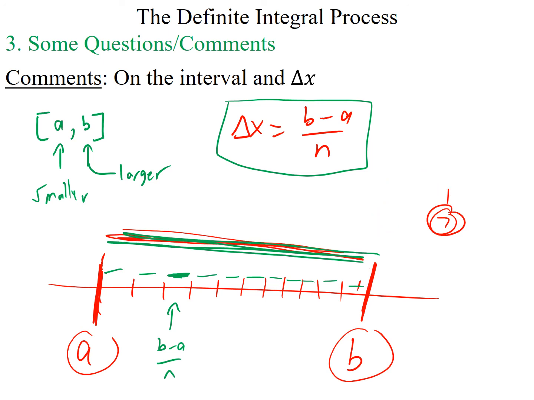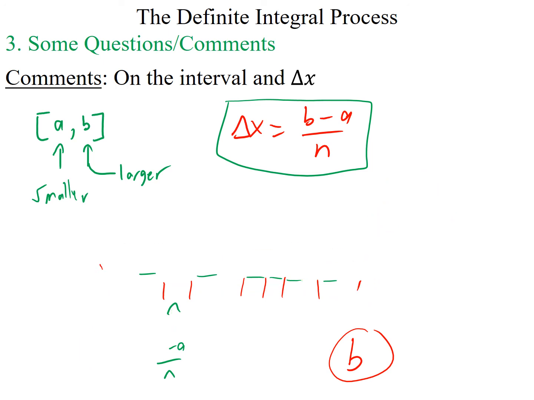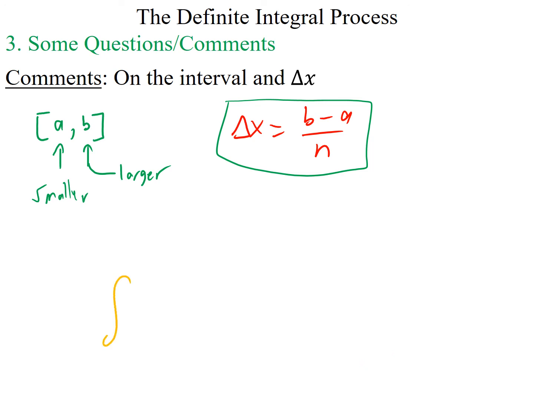Now, what happens if in your definite integral, the numbers are reversed? For example, someone says, okay, I want you to calculate the integral from 7 to 3 of blah, blah, blah. Some definite integral like this. Well, what changes? If you think of the number line, 3 is still first on the number line.